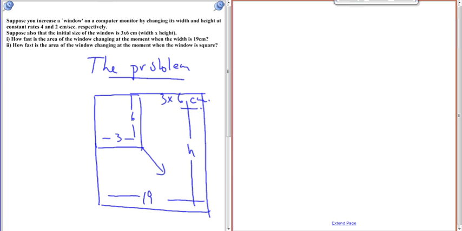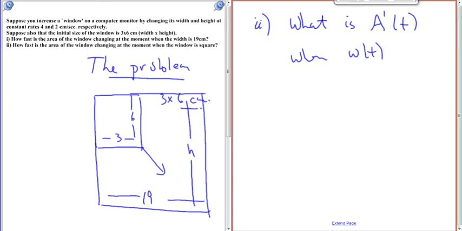So let's go on with part 2. Again, I'd like to state the question mathematically. What is A prime of t when the rectangle is square? What does that mean? Well, that's when W of t equals H of t.